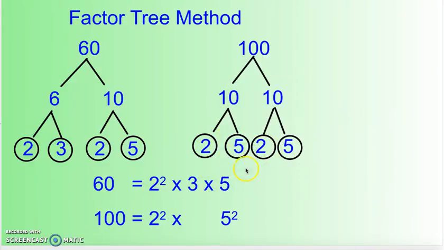I put 2 to the second power, which is two 2's, and then there's two 5's, 5 to the second power. So we're using powers so that we can shrink it and not have to actually write out two 2's and two 5's. We're kind of shrinking it, okay? So first step is factor trees. Second step is writing it out, like writing out a prime factorization.